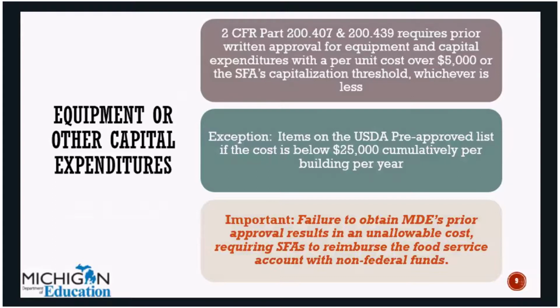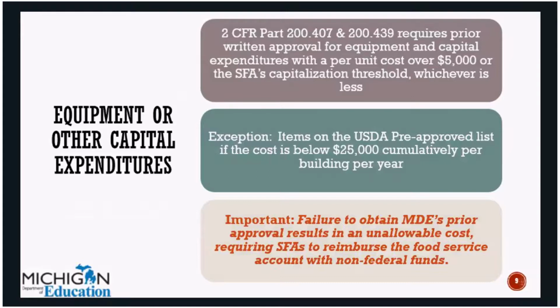MDE's Admin Policy Number 13 from school year 15-16 on equipment or other capital outlay purchases provides the USDA pre-approved list of equipment purchases. The equipment or other capital outlay request fillable form is also embedded in the memo.